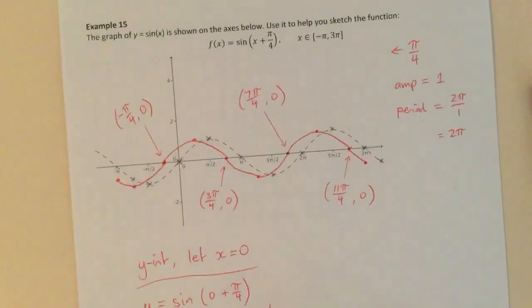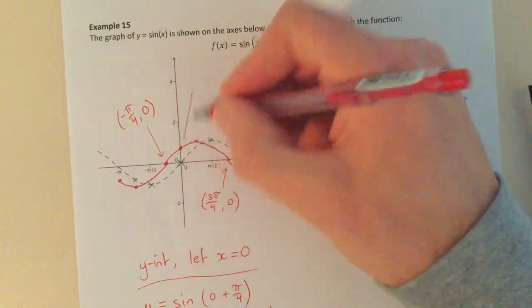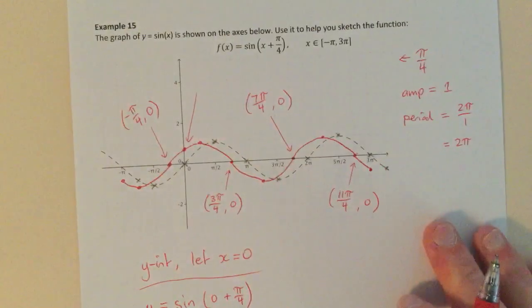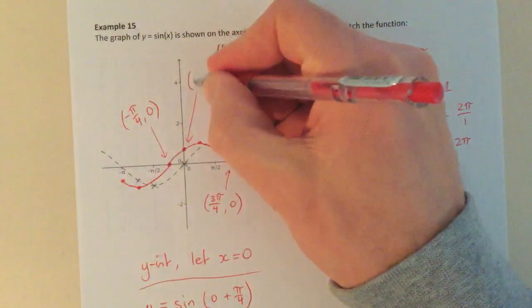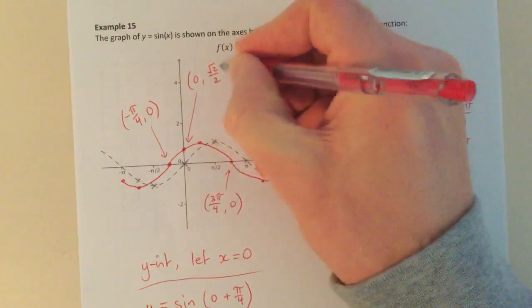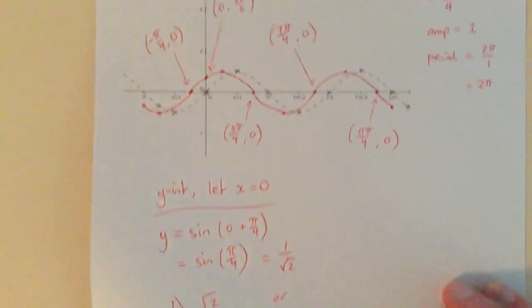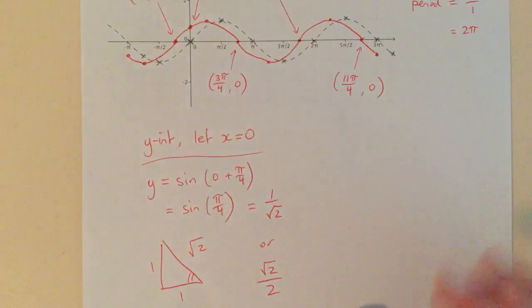All right, so our y-intercept, and this is getting a little bit messy, but I'll try to make it as clear as possible, is at 0, root 2 on 2.